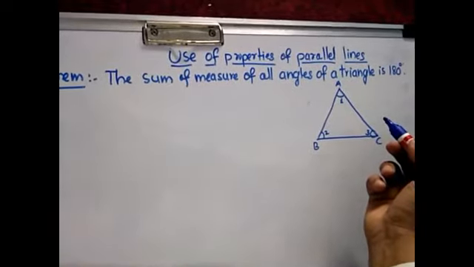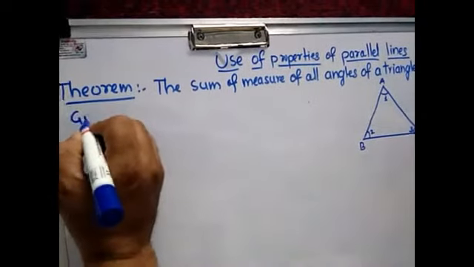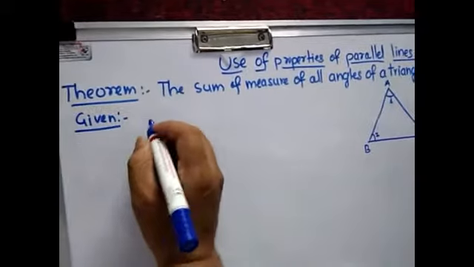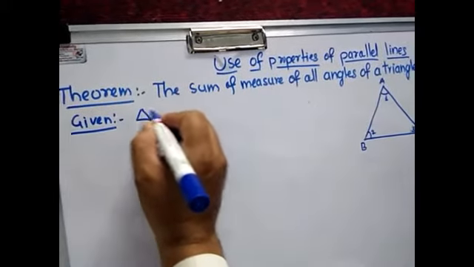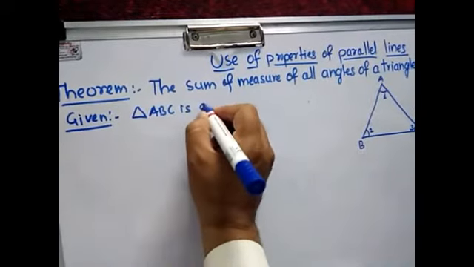So see, write down first what will be given. We write here: triangle ABC is any triangle.